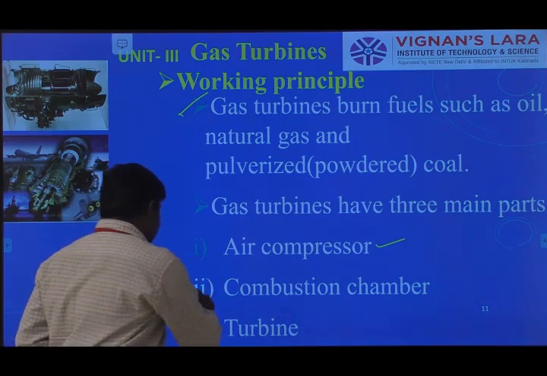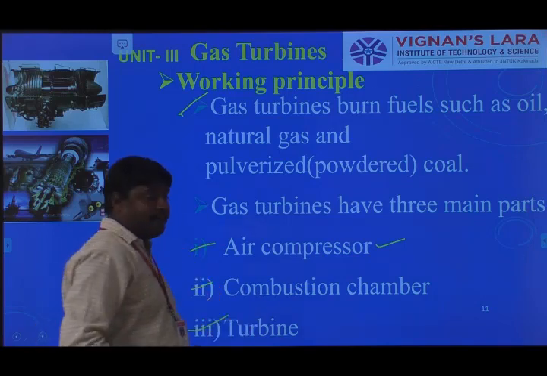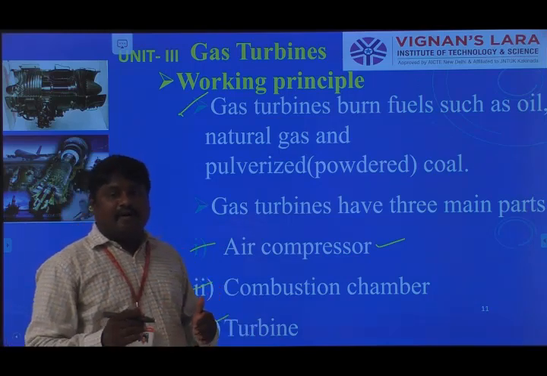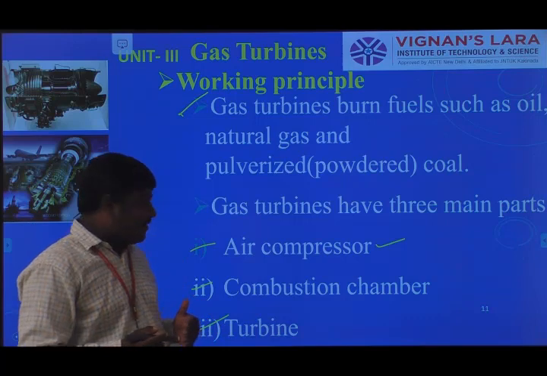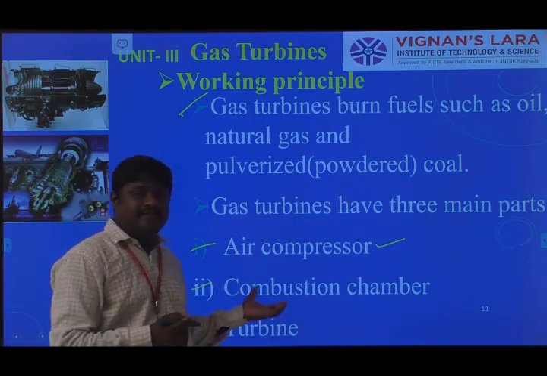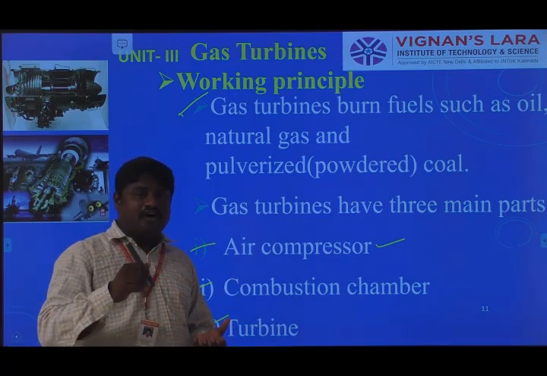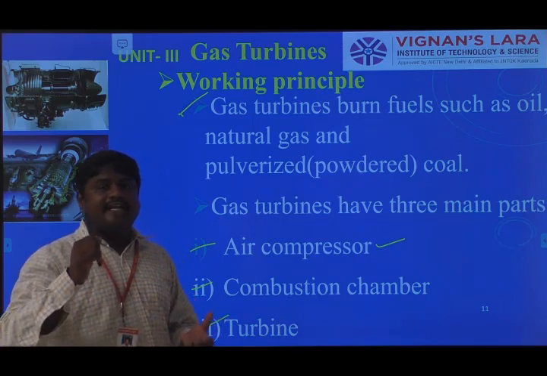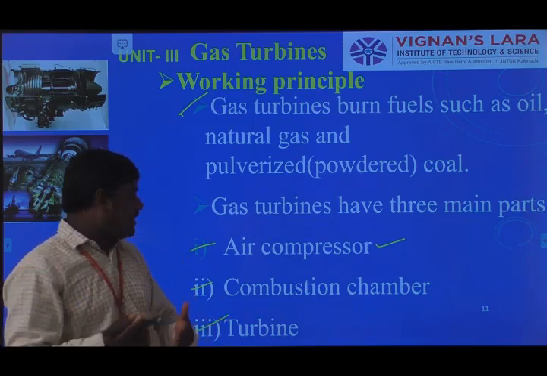The main function of the turbine is to generate power. The turbine has blades connected to a shaft, and the shaft is connected to a magnetic field, and then power is produced.